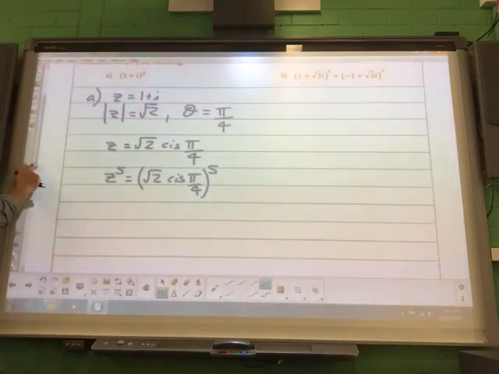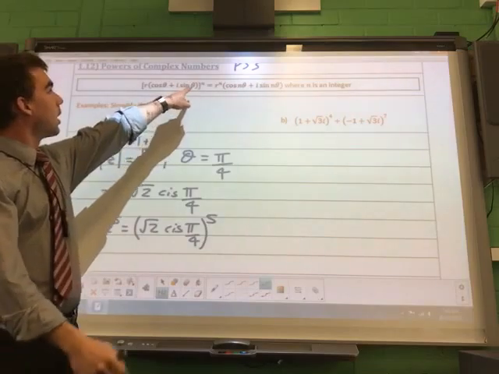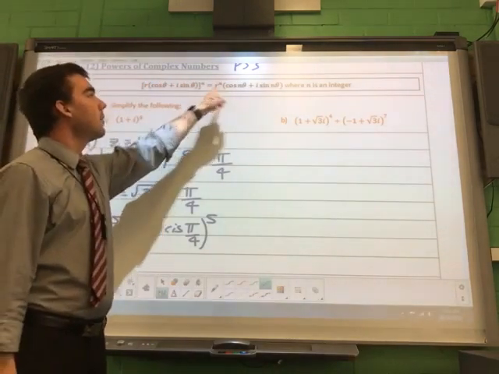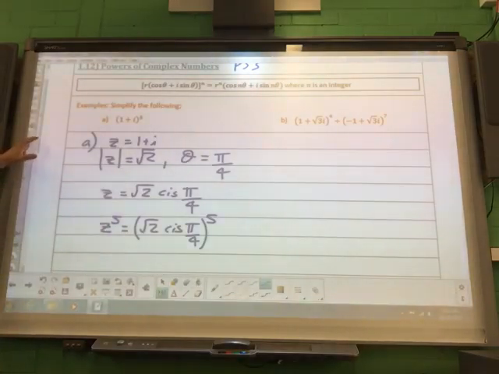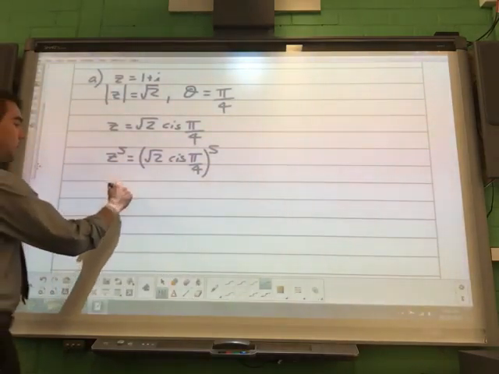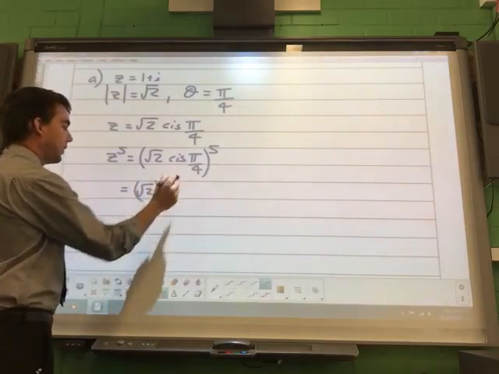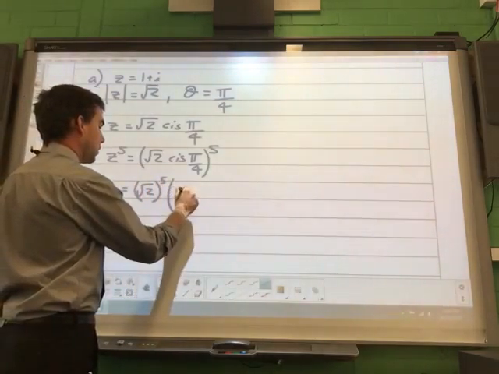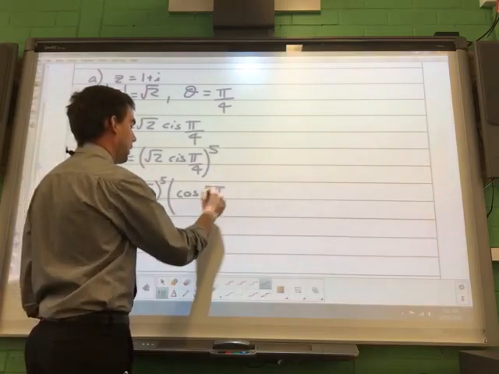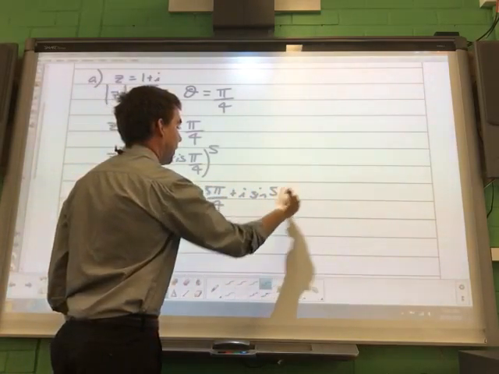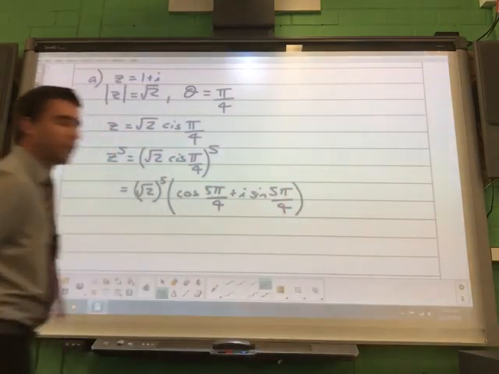In other words, applying this, we bring down the power to the modulus and we also put the 5 in front of theta for your cos and sine. So it's going to equal root 2 to the power of 5, cos of 5 pi on 4 plus i sine of 5 pi on 4.